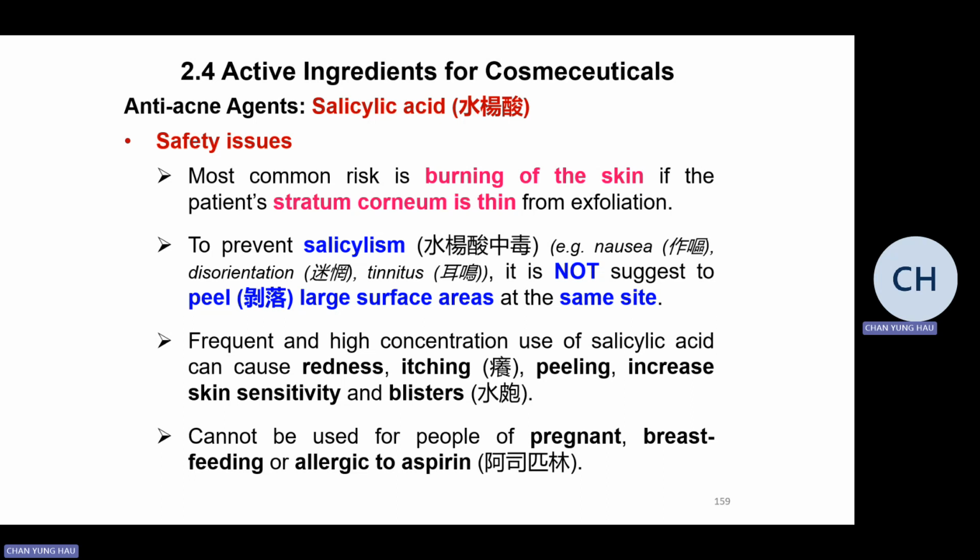When using a high concentration, it will cause redness, itchiness, peeling, increased skin sensitivity, or in a worse situation, blisters. Salicylic acid cannot be used by pregnant or breastfeeding women, or those allergic to aspirin. It is not suggested to use salicylic acid in these cases.